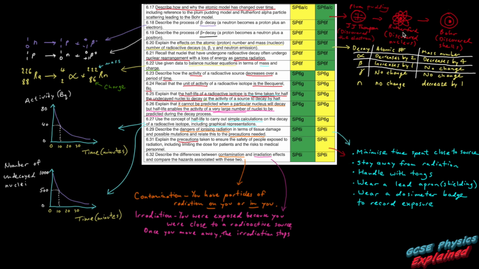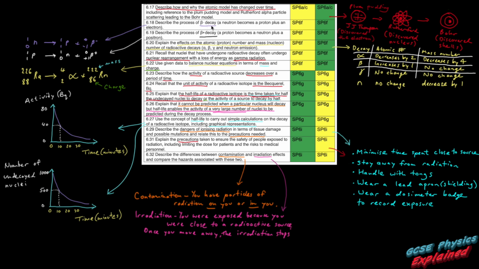And then Rutherford came along with his gold leaf experiment, his alpha scattering experiment, and he discovered the nucleus. So we had most of the mass of the atom was in the middle. Niels Bohr came along and discovered that the electrons orbited in shells around the outside. I've got a nice little video all to do with the history of the atom. Check it out if you don't really know what I'm talking about there.